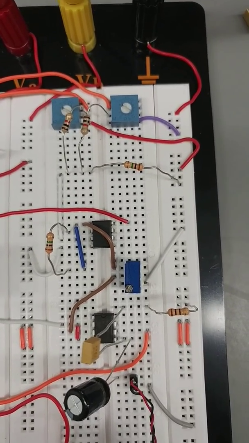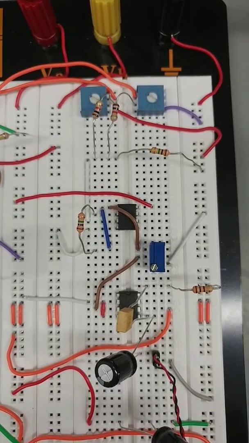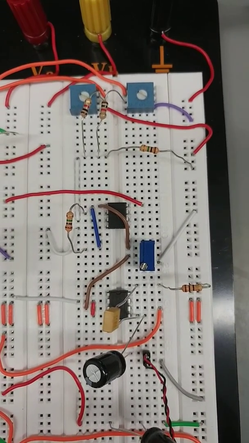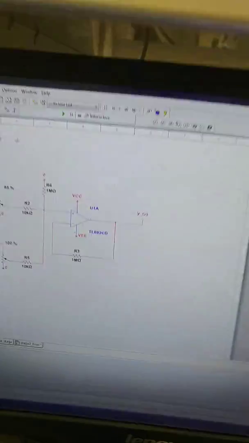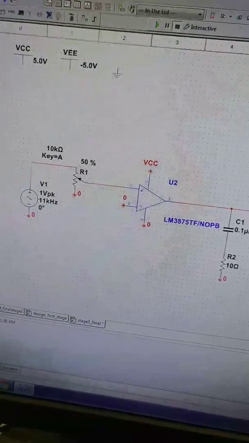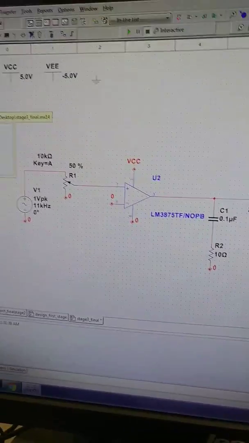And then that blue jumper right there is for the 1 meg that is being used for the negative feedback loop, and the brown wire that pops over the top of the IC is the output, which would be V03.